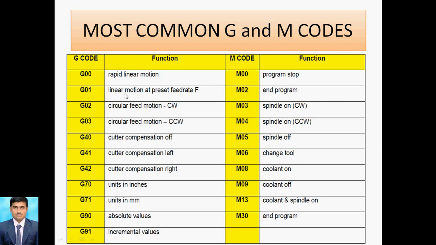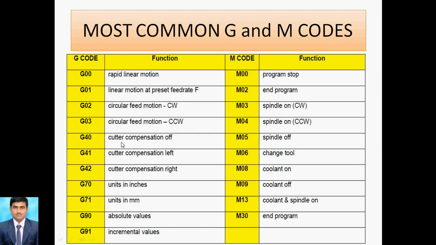So it is for linear motion. The next, G02, is for circular feed motion. Whenever the circular motion is clockwise, you can use G02. Then G03 is also for circular feed motion, but counterclockwise, that is, anti-clockwise direction.